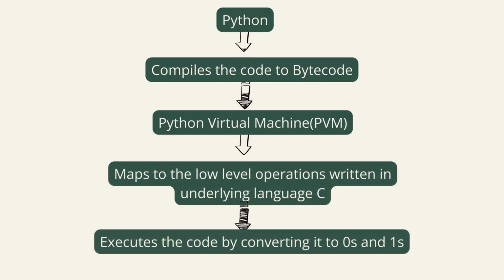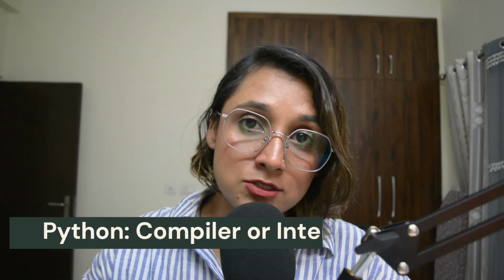Then the C language actually compiles it to machine language, that's zeros and ones, and executes our code. So that's why calling Python just an interpreter or compiler is not completely true. It's actually a mix of both.